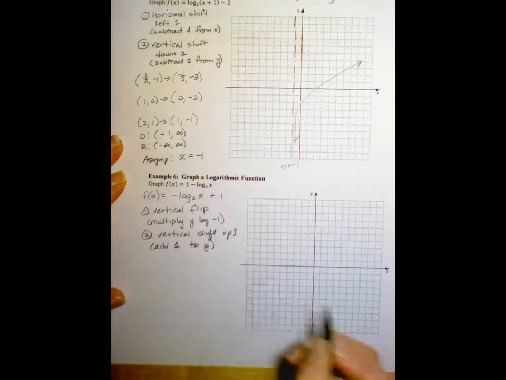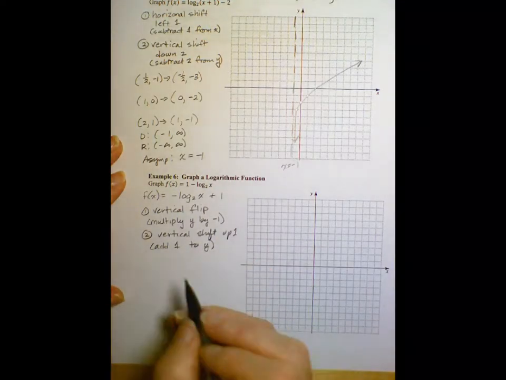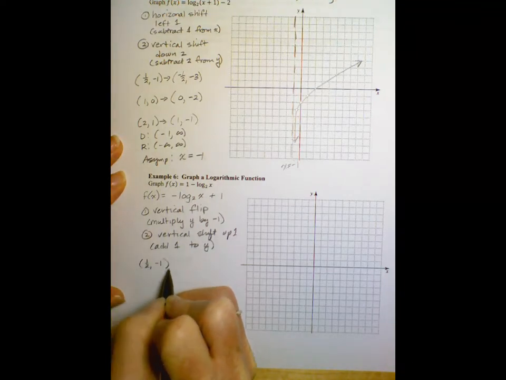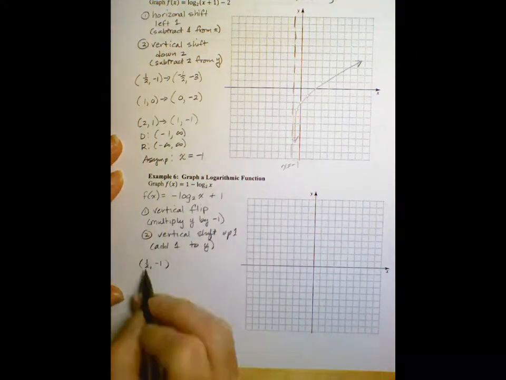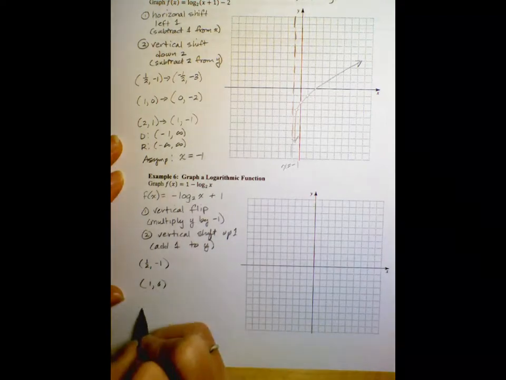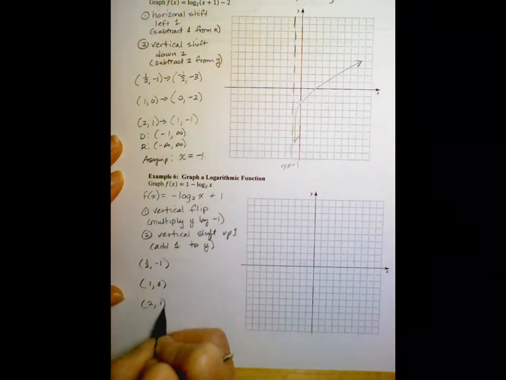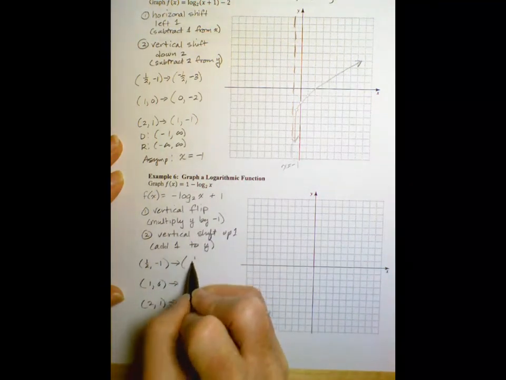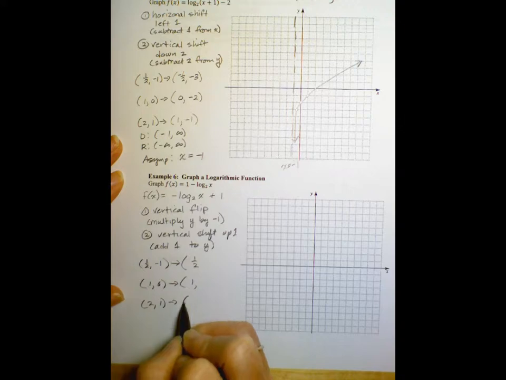And which will we do first? We'll multiply first. So we have 1/2, -1. Our base is still 2, so it's 1 over 2. We have 1, 0, and we have 2, 1. We said nothing about x, so our x coordinates are not changing.